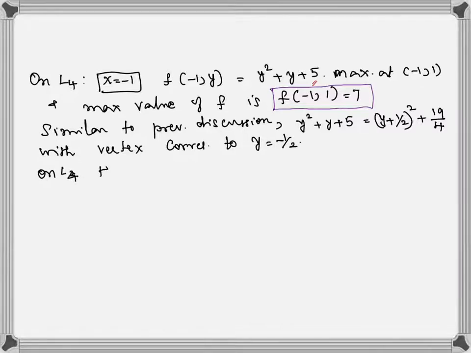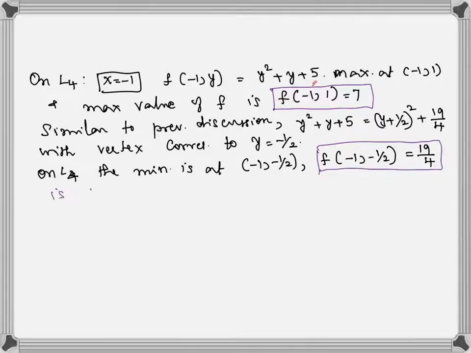On L4, the minimum occurs at the point (-1, -1/2), and the minimum value is f of (-1, -1/2), which is equal to 19/4. So we got all the information on L1, L2, L3, L4, which are the boundaries of D.